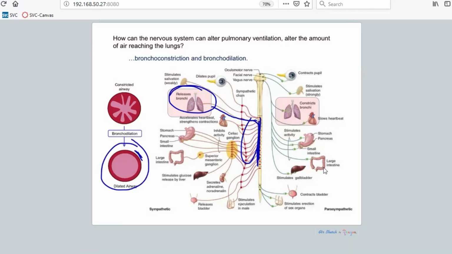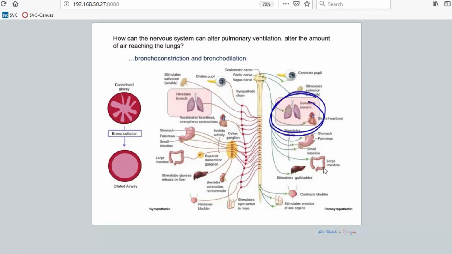What about bronchoconstriction? When do we want that to occur? Well, how about during rest and digest, the parasympathetic system? So what happens there is the parasympathetic system comes in and it causes that smooth muscle to constrict, and that causes the lumen of the bronchioles to decrease, and so that's how we can bronchoconstrict our airways.